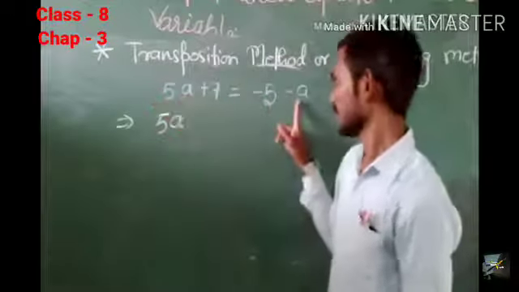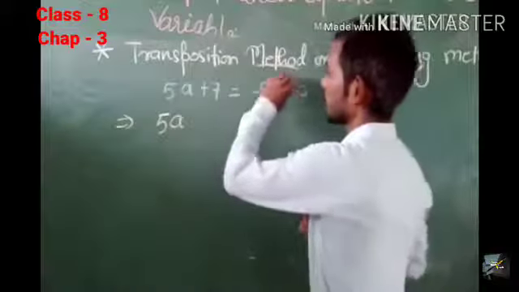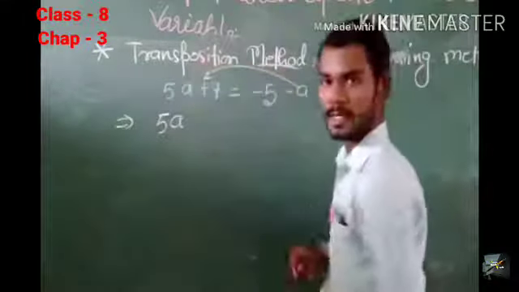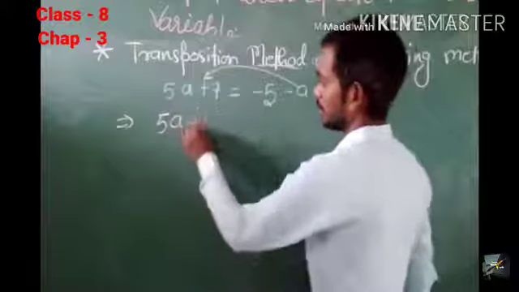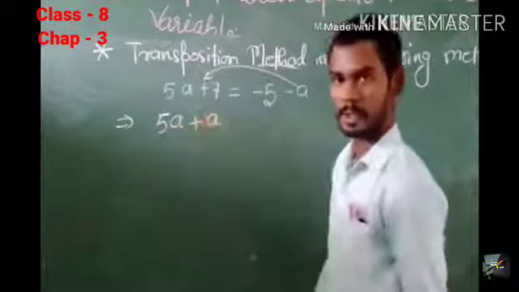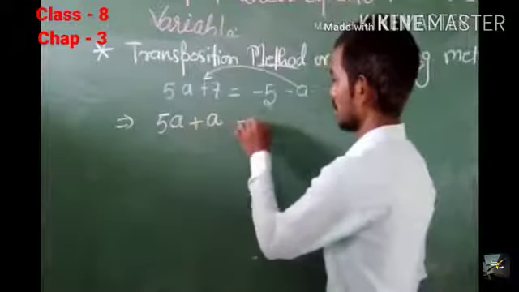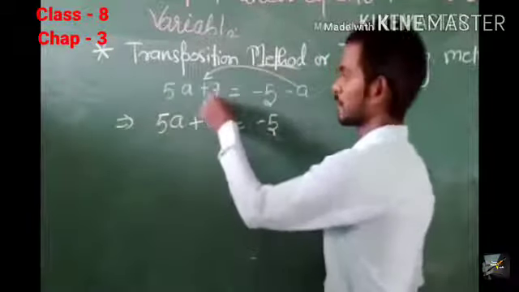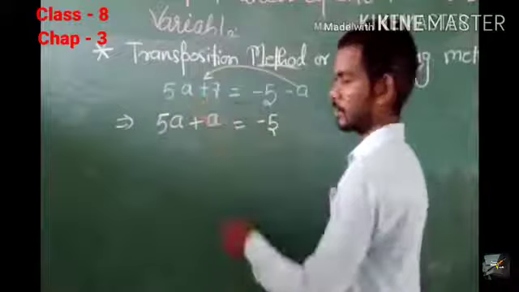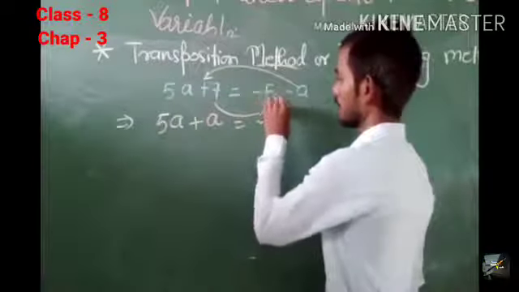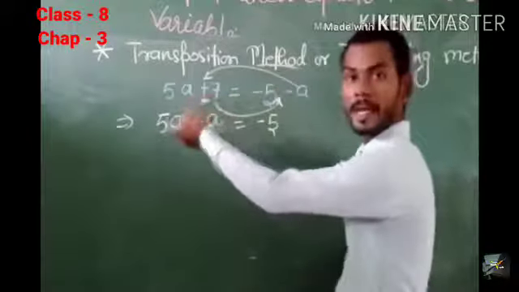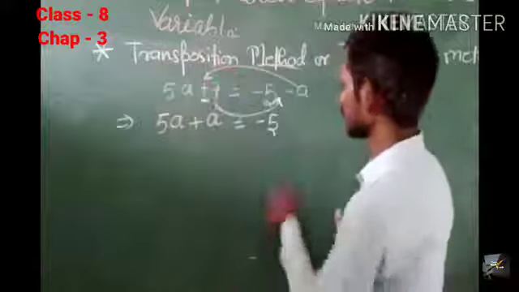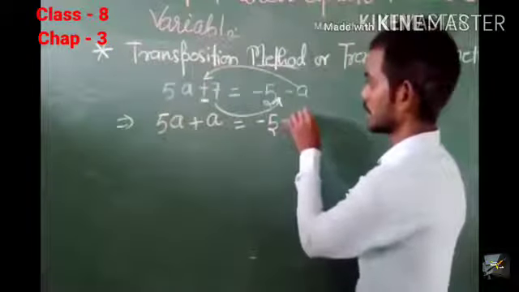So minus a, when transferred to the left hand side, becomes plus a. Similarly, minus 5 will remain as it is, and plus 7, when plus 7 goes to the right hand side, the plus becomes minus, so we have minus 7.